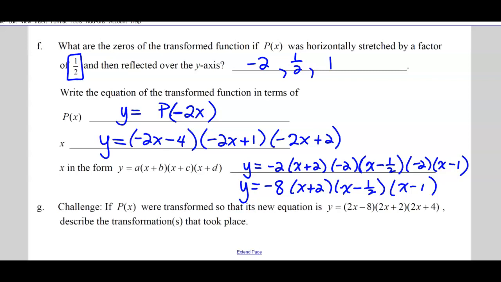And there is no coefficient in front of the x there, so we have to leave it like that.